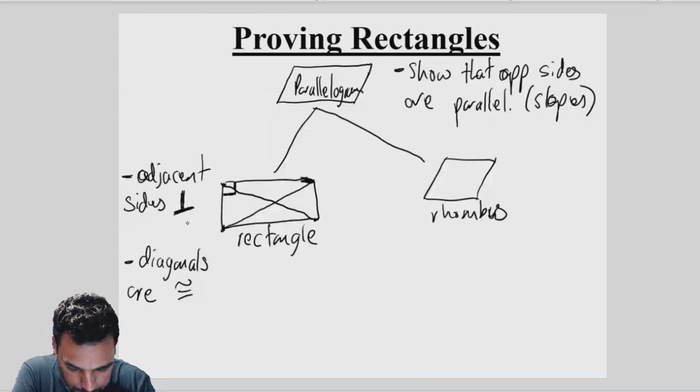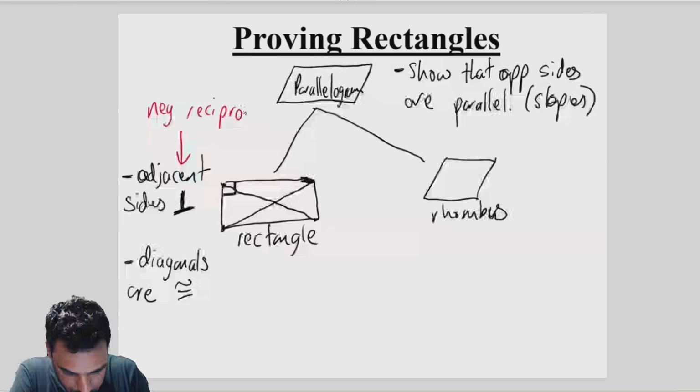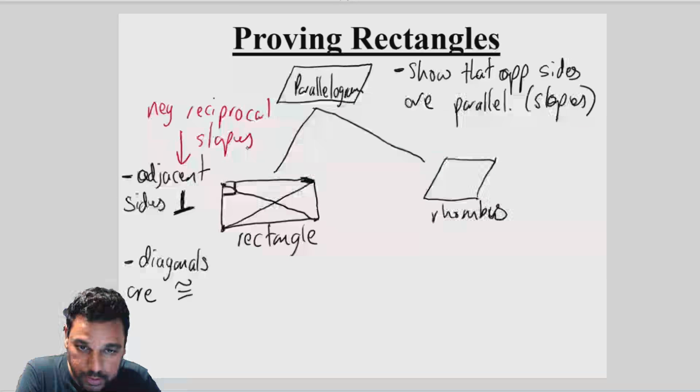All right, and let me pull up my red pen, because I just want to show you that to show that two sides are perpendicular, you simply show that they have negative reciprocal slopes. All right, and definitely check out the other videos in the series to know how to show that two lines are perpendicular.